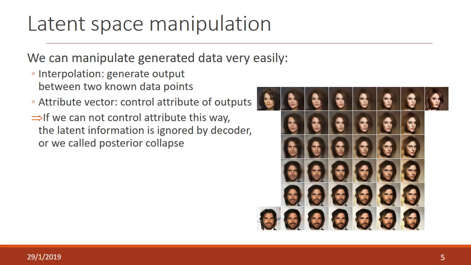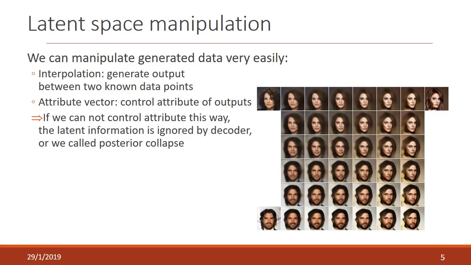The VAE can help us manipulate the generated data very easily by changing the latent vector. As you can see in the figure, any image between two images can be generated easily by interpolating a vector between them. Then the output image contains attributes from the two original images, but in different degrees.